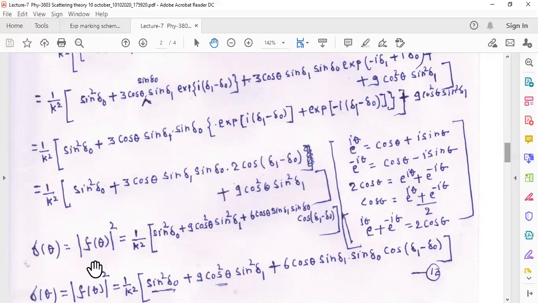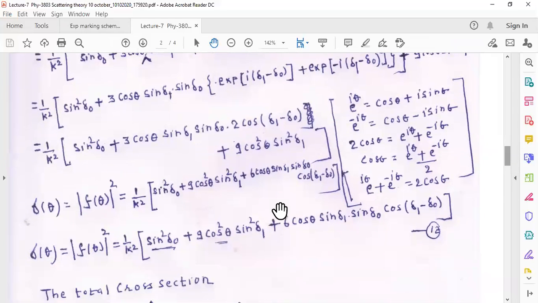Look at the term very carefully. You can understand this term now, correct? So once again I write down here the differential scattering cross section. For low energy scattering, I would say low energy scattering means you have scattering because of only S wave and P wave. So here sigma theta is mod of f theta square, 1 upon k square sine square delta 0, plus 9 cos square theta sine square delta 1, plus 6 cos theta sine delta 1 sine delta 0 cosine of (delta 1 minus delta 0).